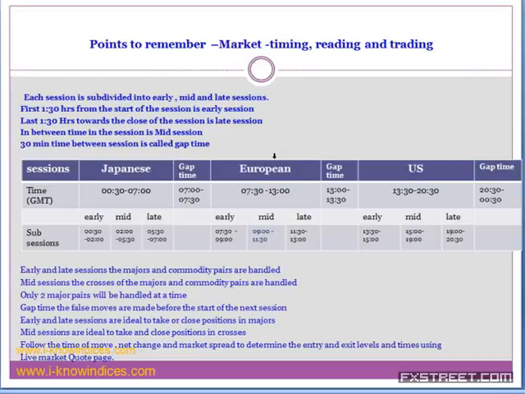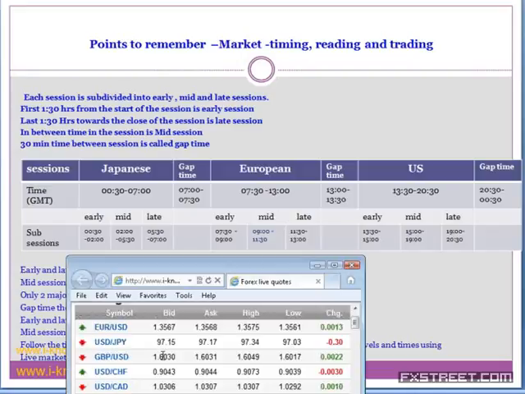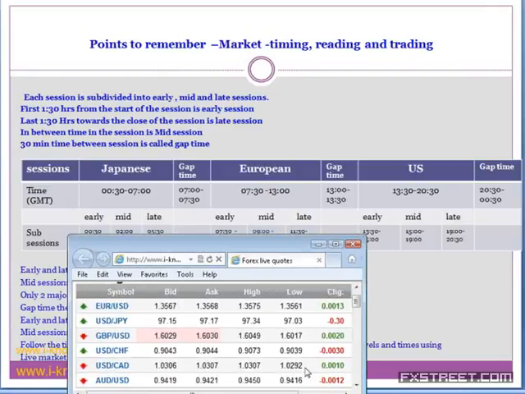Or if you have missed that currency, then you can find out what is going to be the next currency. Suppose they handled GBP and yen first, or they handled USD yen and Australian dollar first. They made more than 40 pips.